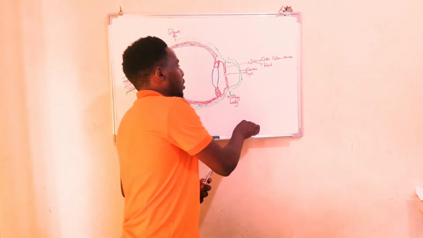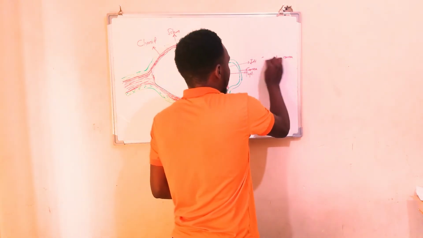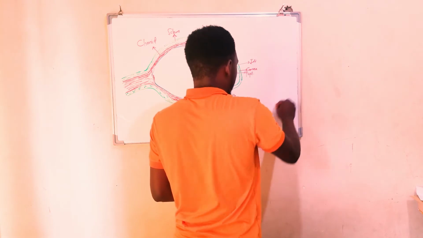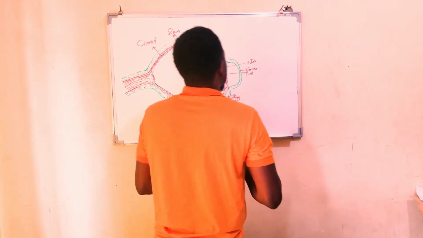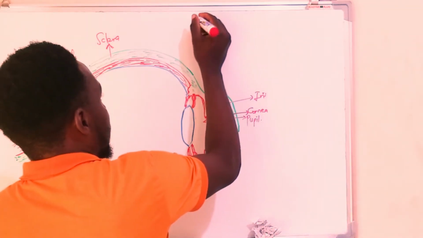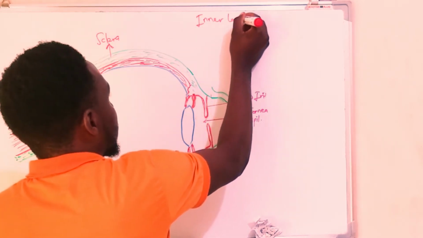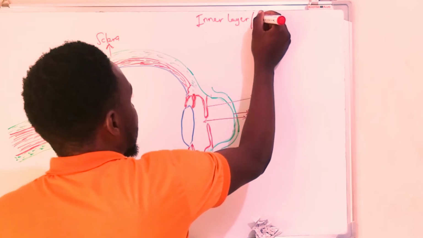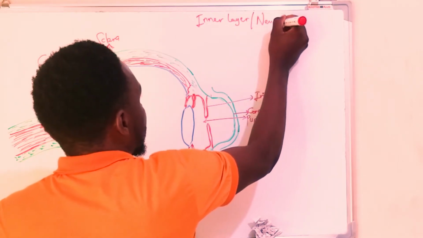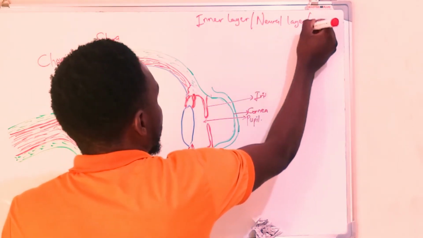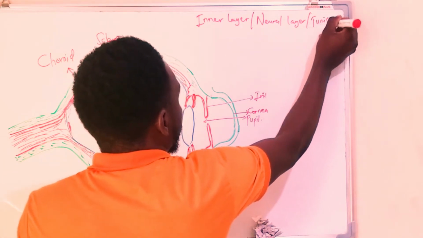Then the other layer that we're going to talk about is the inner layer, also known as the neural layer or tunica nervosa.